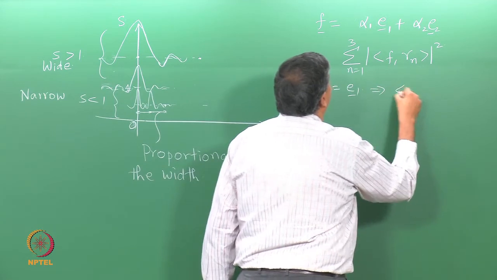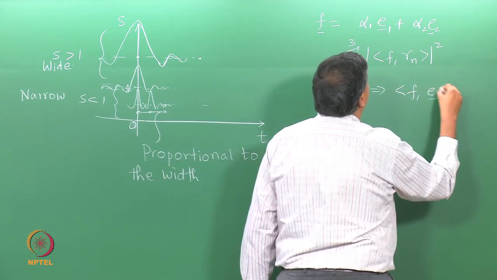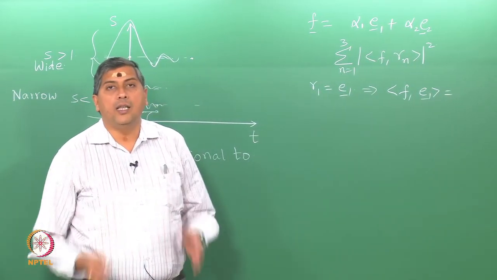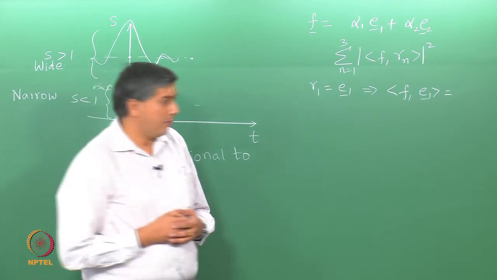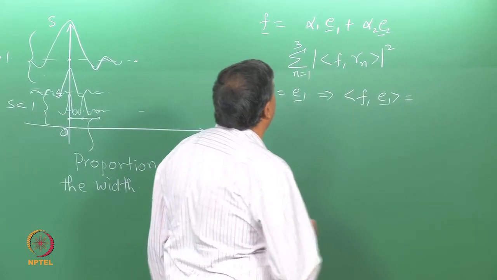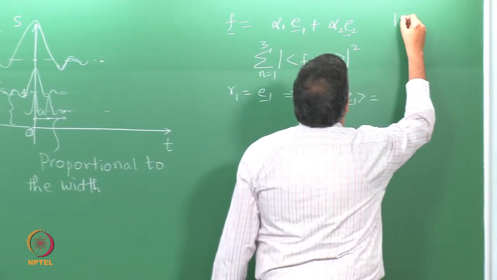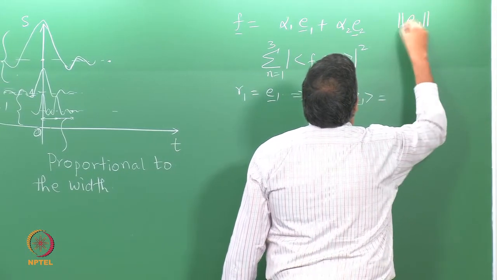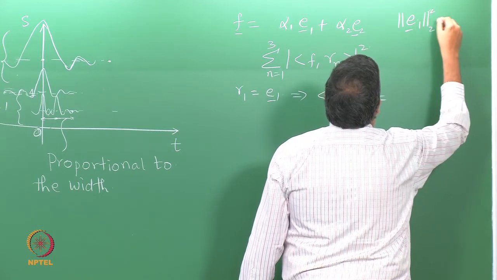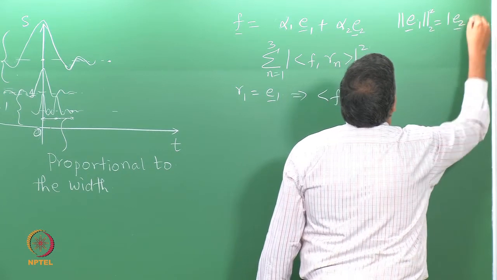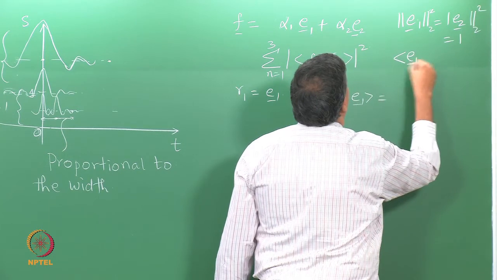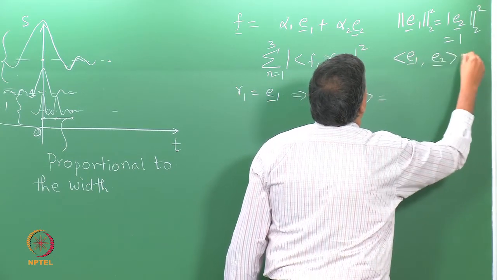Therefore, the inner product of f with E1: we know that E1 and E2 are orthonormal, which means the inner product between E1 and E2 is 0. So by substituting for f here and applying the given information, what is the given information? It is orthonormal, which means the squared 2-norm of E1 and E2 are both 1, and the inner product between E1 and E2 is 0.